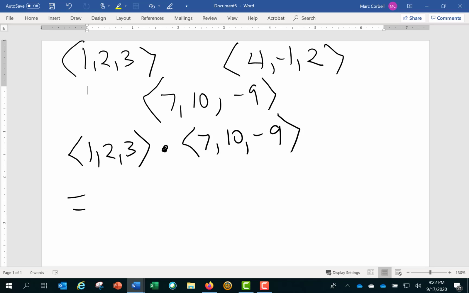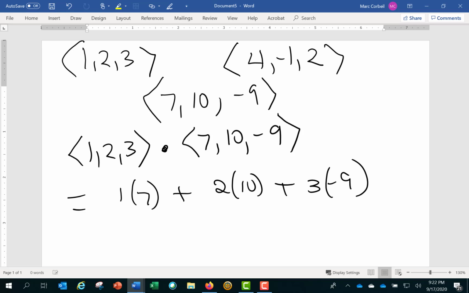The dot product would be 1 times 7 plus 2 times 10 plus 3 times negative 9. That's 7 plus 20, which is 27, minus 27 there. So I get a dot product of 0.